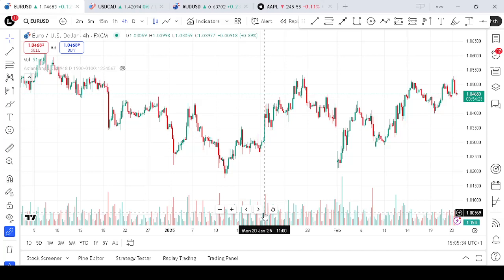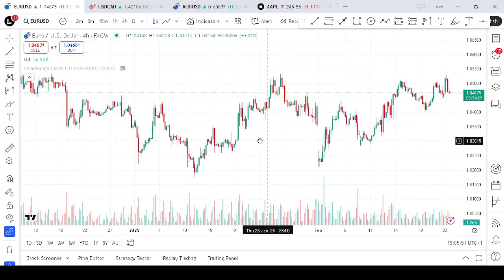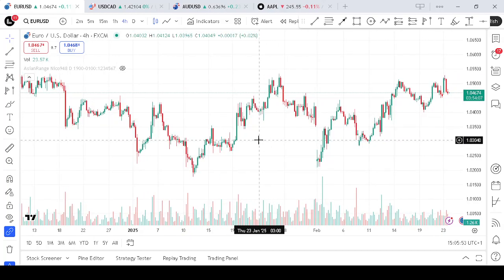By focusing on this powerful tool, you will learn how to identify high probability trade setups and enhance your trading strategy. So stay with us until the end of this video as we explore a real chart example and reveal to you how to leverage this indicator for more informed and profitable trading decisions.